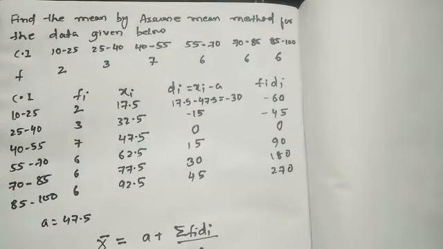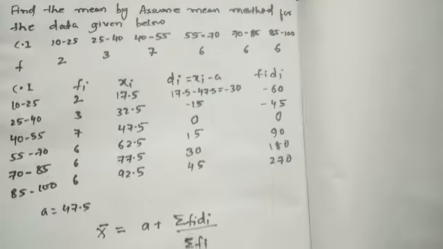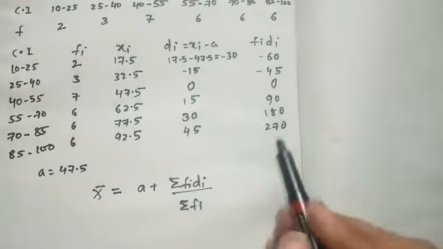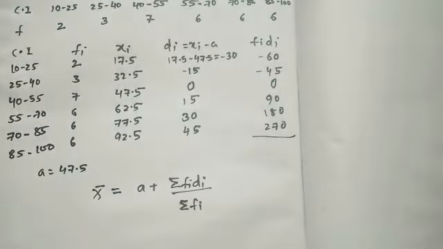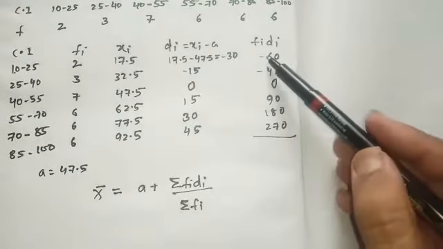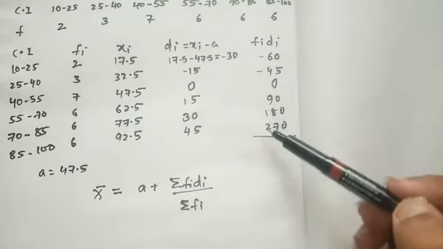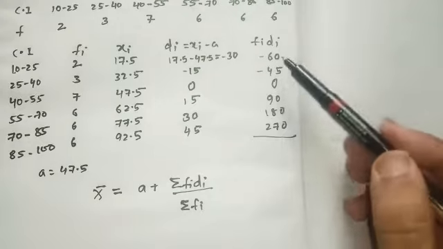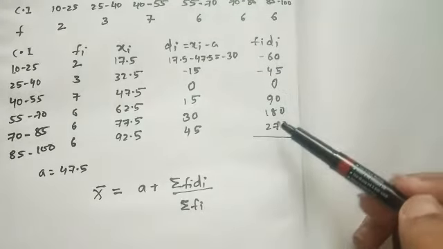In this you can see the a is 47.5, that we know. And here it is sum of fi into di, means we have to add all these values. You can see here some values are negative, some values are positive. The positive values you add, and the negative values you add and subtract from it.